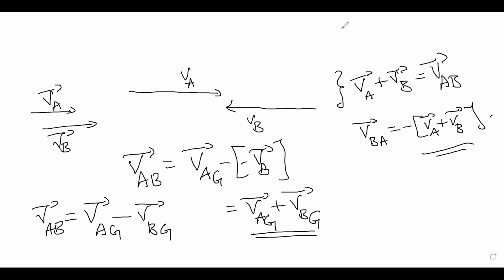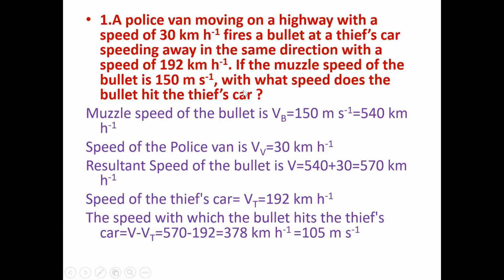Now let's move on to the question. What is the question? We'll see. Based on this, the questions are made. This is straight from NCERT, I think. A police van is moving on the highway with a speed of 30 kmph. Okay, let's put up the information on the board here. So here we go. This is a police van.